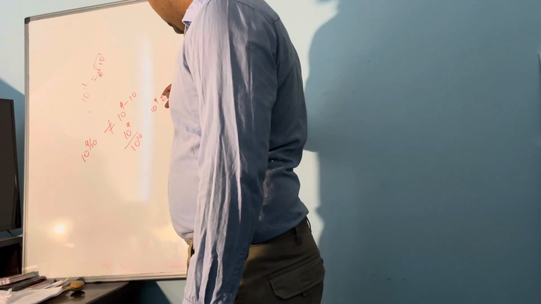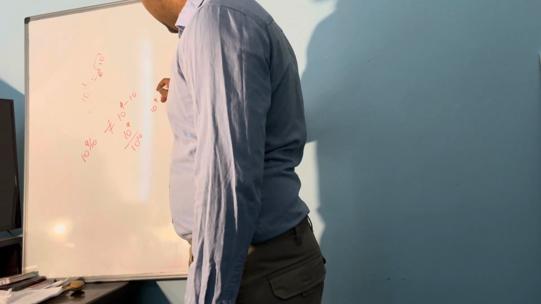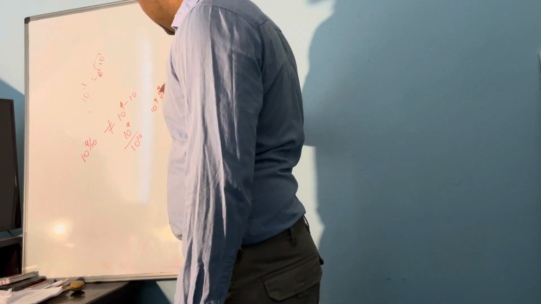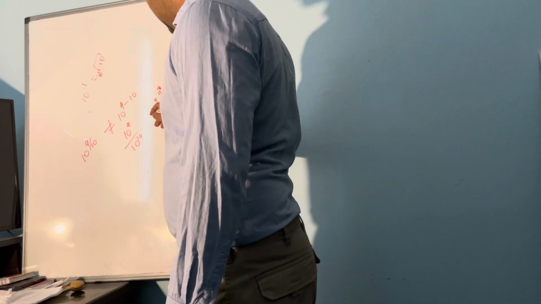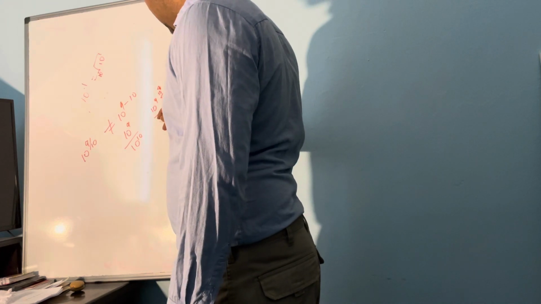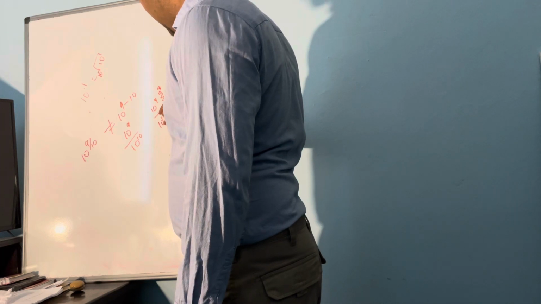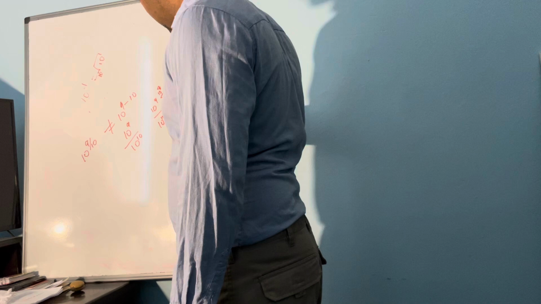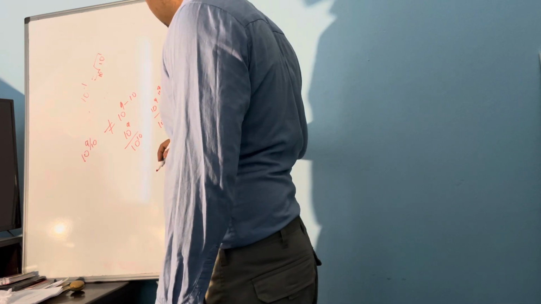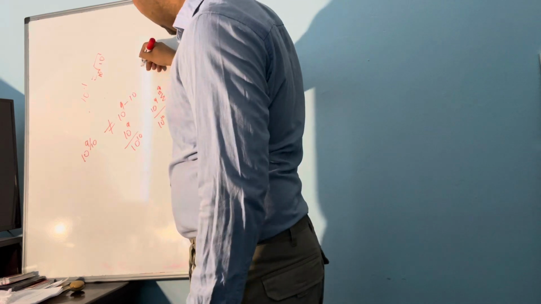So the summation of 10 to the power of 8 times, and then division would be 10 to the power of 10, the summation of 10 to the power of 9 times, and then the division there is simple.